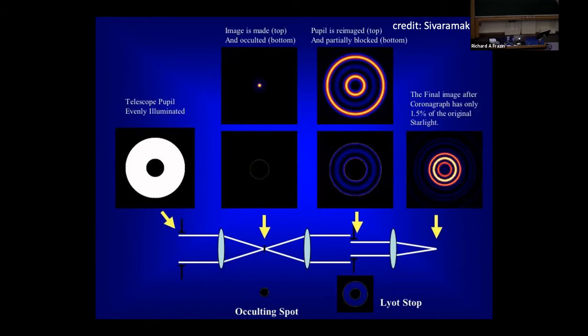Now the Lyot stop just chops that off. So what you're left with is this part down here. And then you just bring the light to a final focus, and you've killed about 99% of the starlight. So that sounds good.